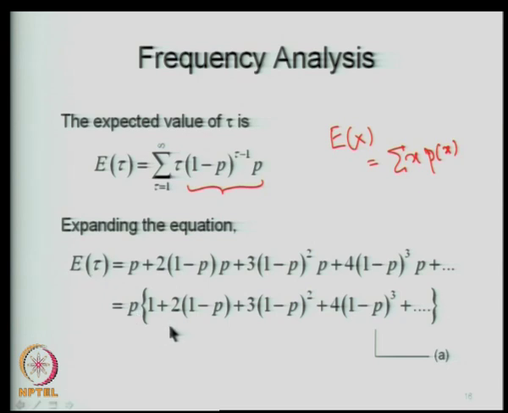Now, the terms within the bracket, namely 1 plus 2 into (1 minus p) plus 3 into (1 minus p) whole square plus 4 into, etcetera, can be equated to a series.